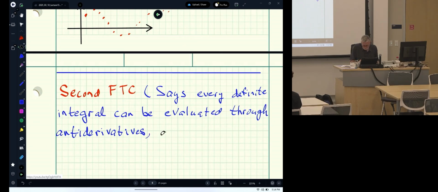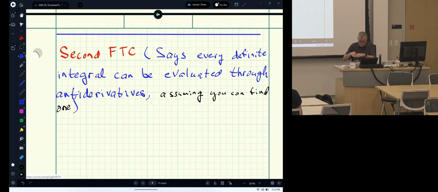Of course, assuming you can find one. It exists, but it's going to be hard to put your hands on it. And once again, what do I mean by that? Yes, little f has antiderivative capital F, but I maybe cannot produce it analytically.